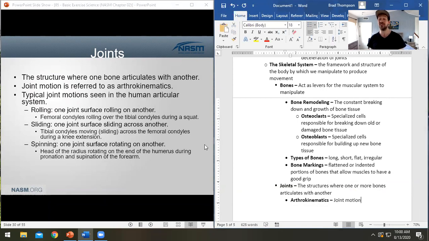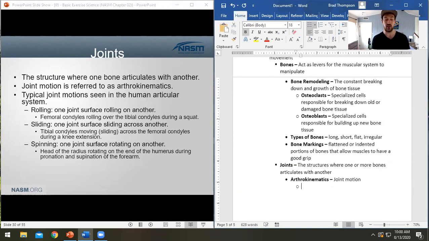So the three types of arthrokinematics that we're going to see are, first, rolling action, which is where one joint rolls over another.